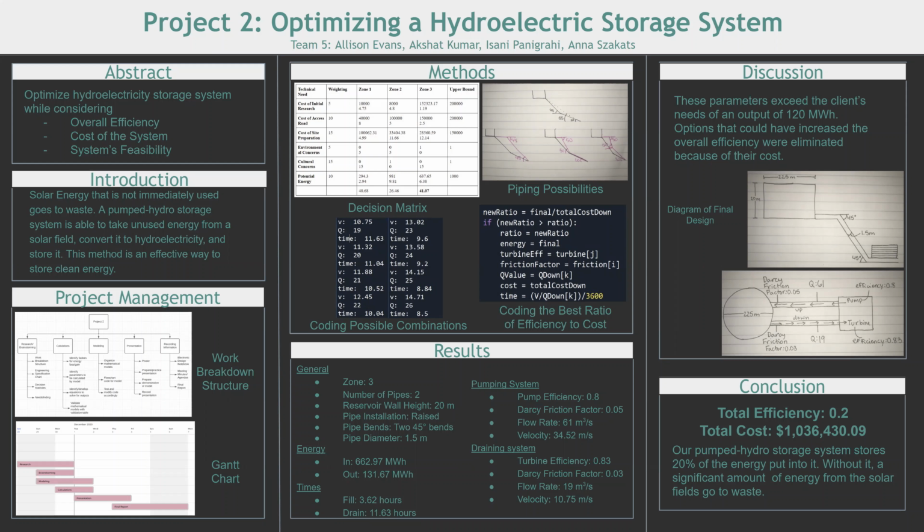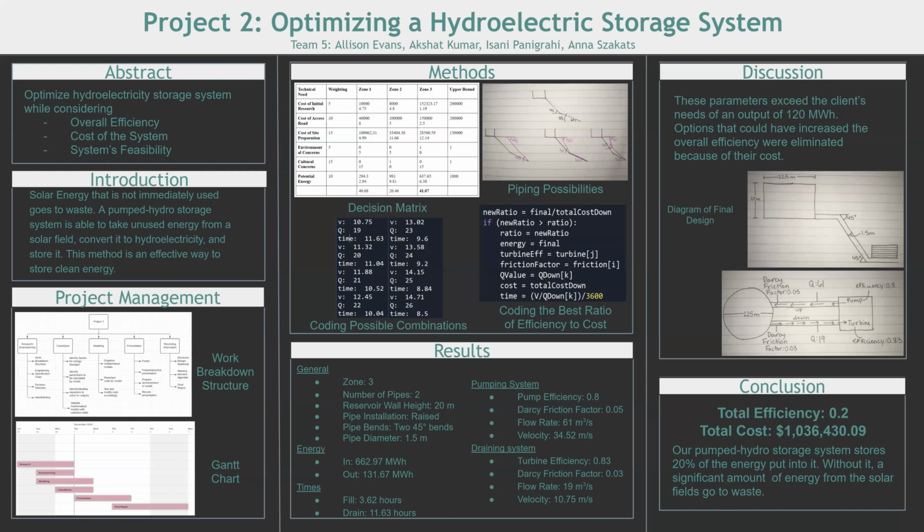With regards to energy consumption, we are taking 662.97 megawatt hours in and giving 131.67 megawatt hours out over a fill time of 3.62 hours and a draining time of 11.63 hours.